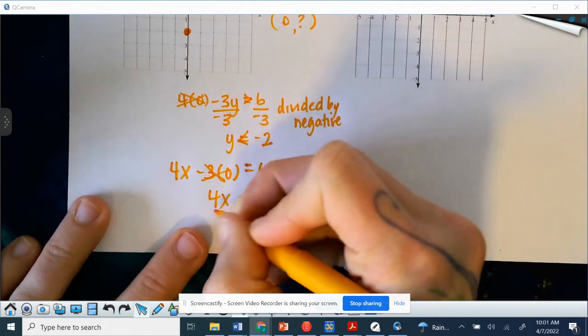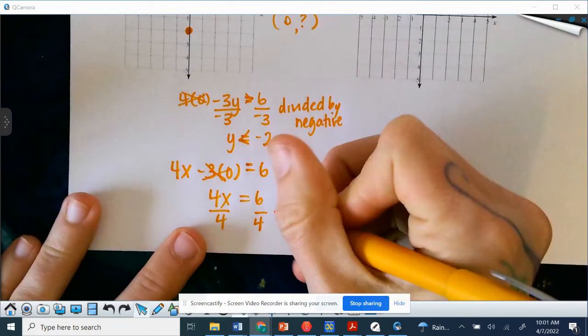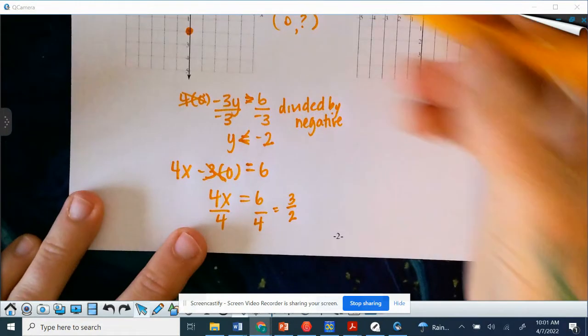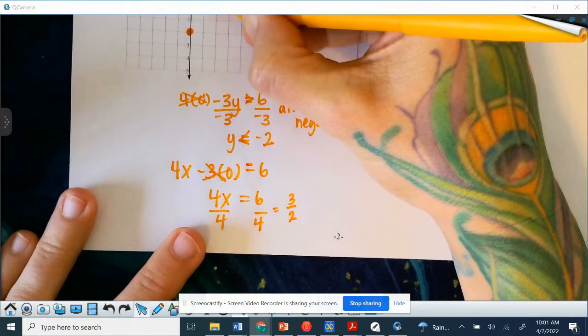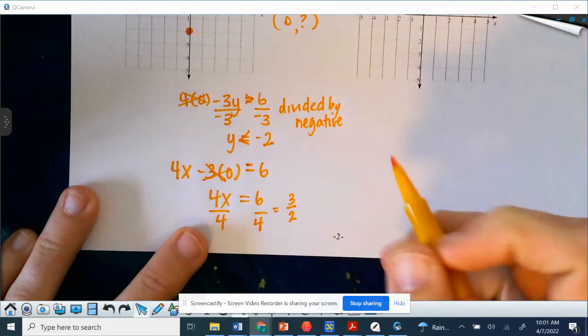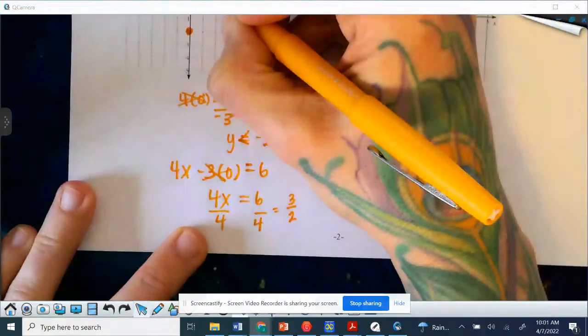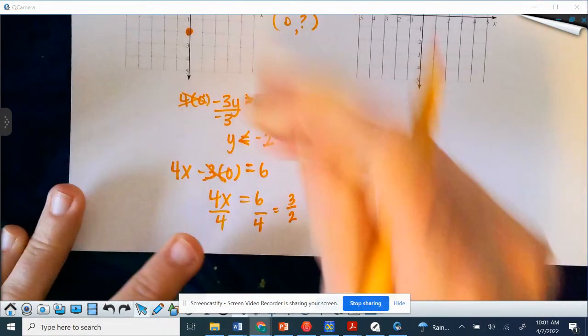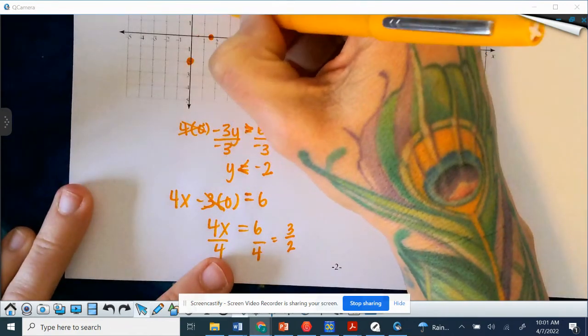If we divide by 4, 6 divided by 4 is going to be 3 halves. So if I go over, that's 1 half, 2 halves, 3 halves. 1 1/2. Oops, that's only 1. 1 1/2 will be here.